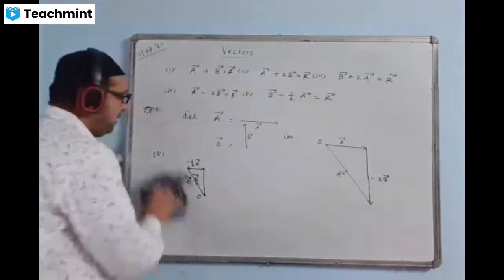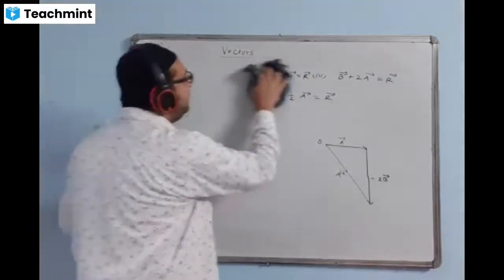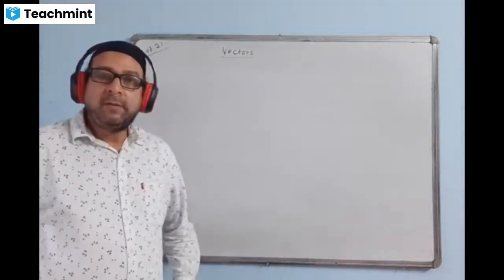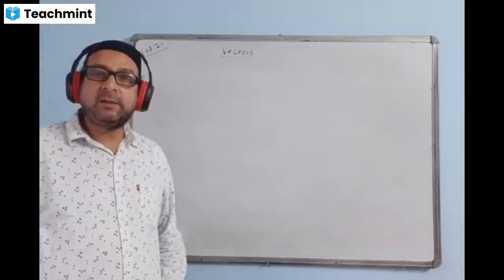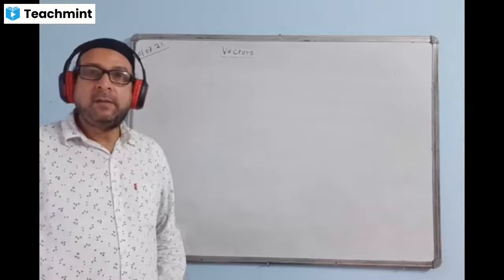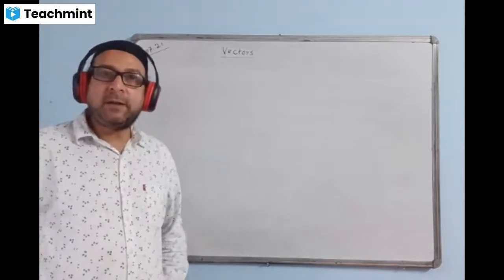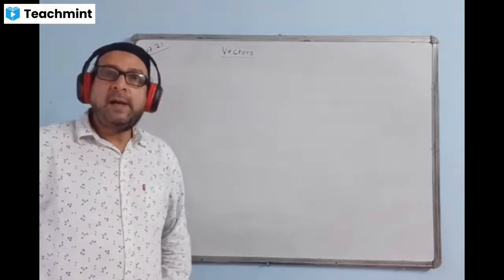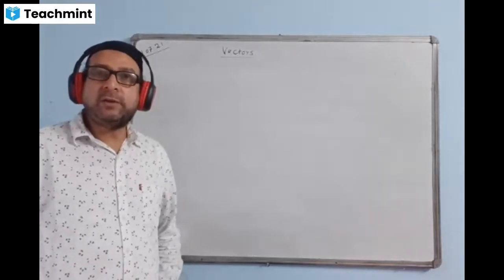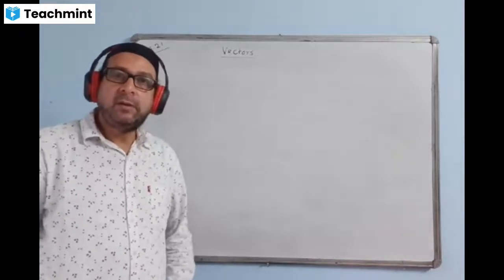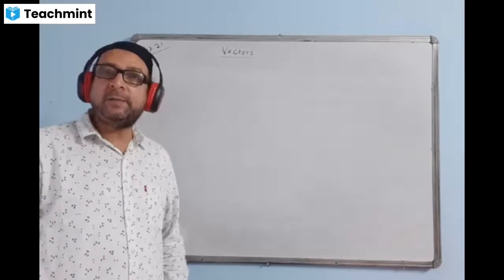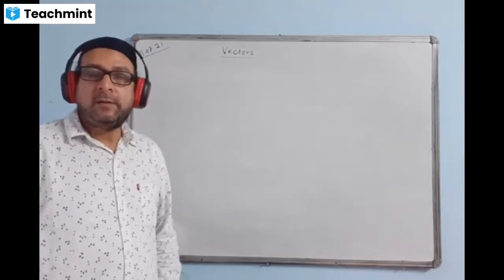A car moves due east with a speed 30 kilometer per hour, and then it goes due north with the speed 40 kilometer per hour.